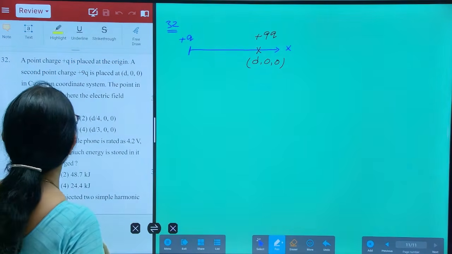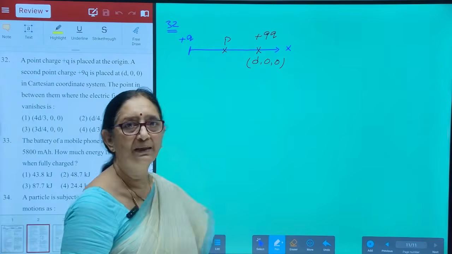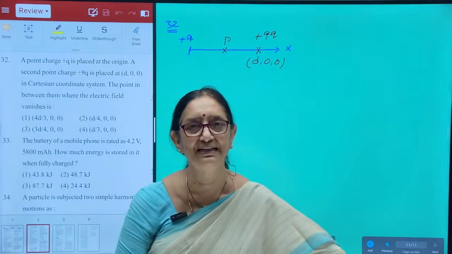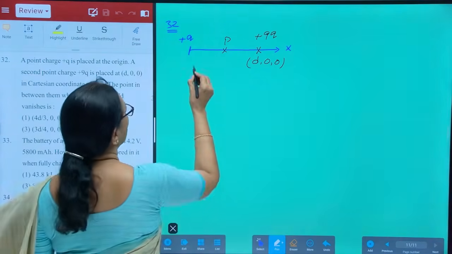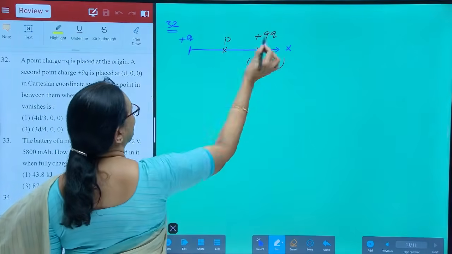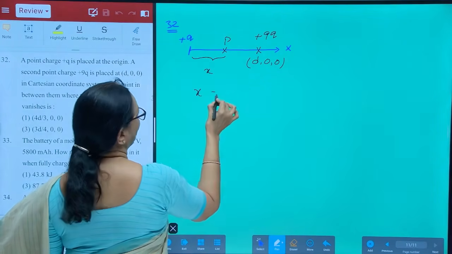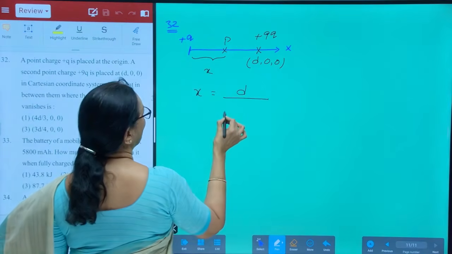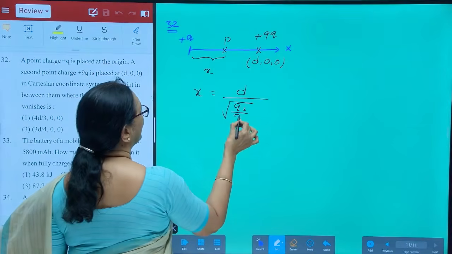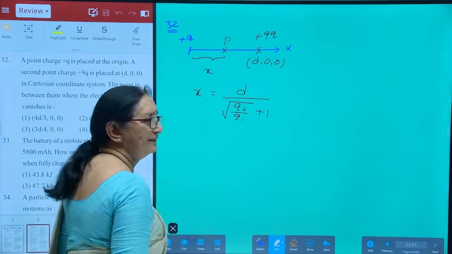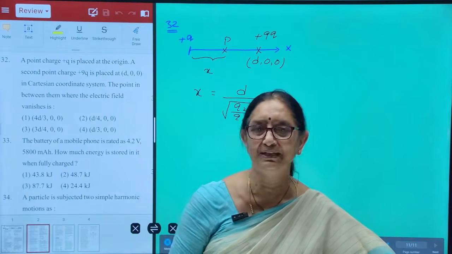Find the point in between where the electric field intensity vanishes. The point where electric field intensity is 0 is called the null point. So, if you take this as Q1, this as Q2, we know pretty well, the distance of the null point is x equal to d by square root of Q2 by Q1 plus 1, if the two charges are similar and the null point lies in between them.